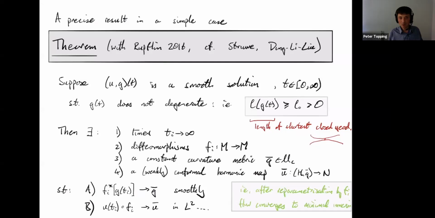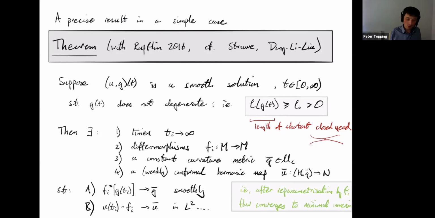So what we actually proved was that at a sequence of times t_i, you get convergence to a nice limit, but only if you modify by a sequence of diffeomorphisms. Okay, so we've got a sequence of times, we've got a sequence of diffeomorphisms, I'm calling them F_i. And then we've got 3 and 4 giving you the actual limit, so a constant curvature metric G bar and a harmonic map U bar.